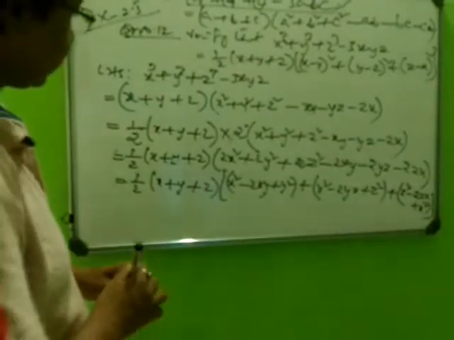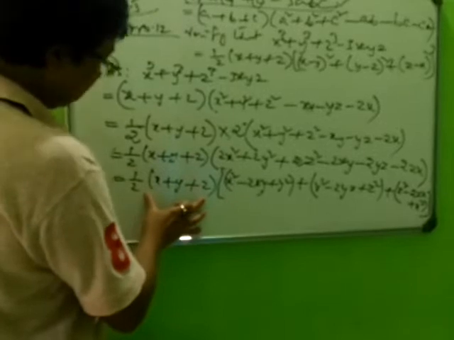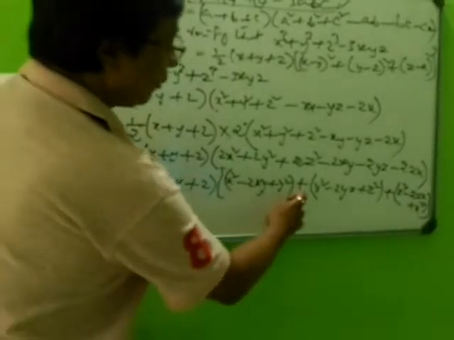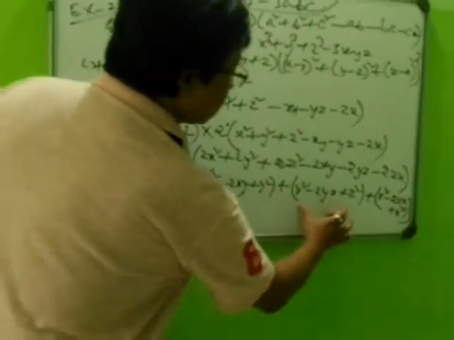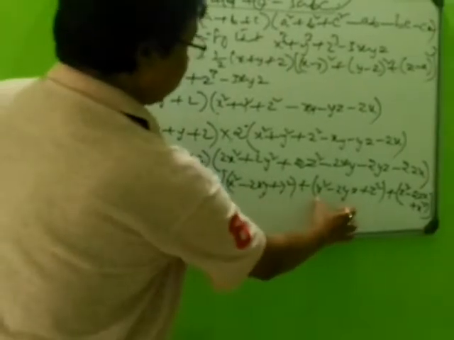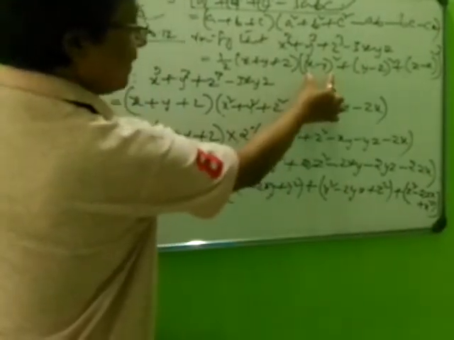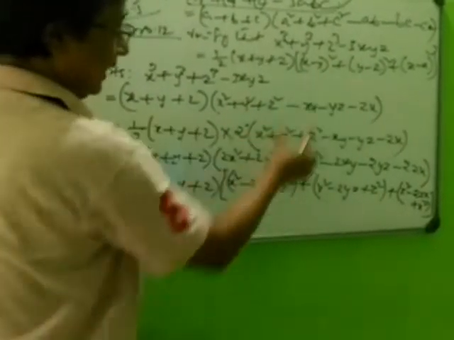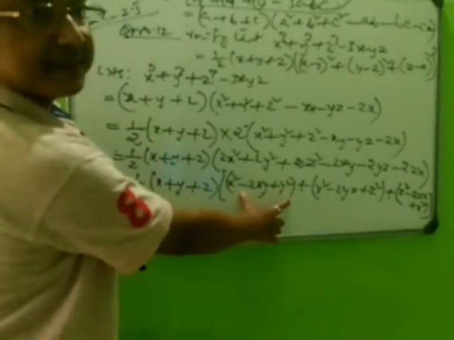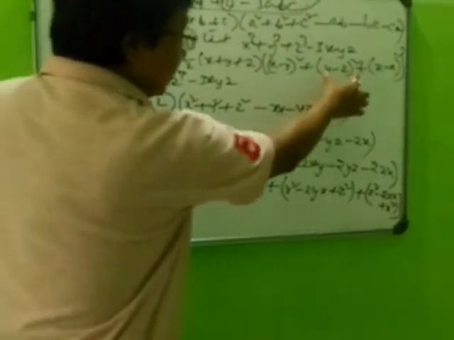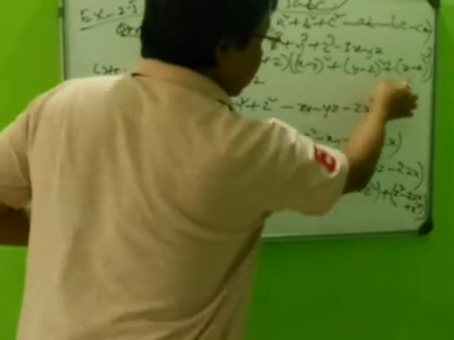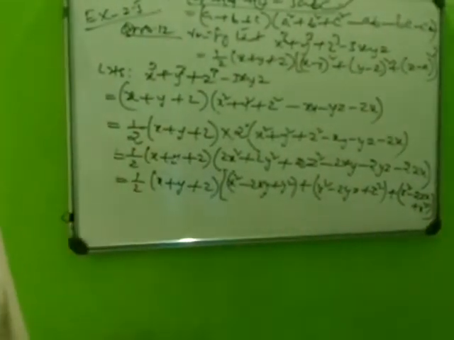So complete it. Now you see, let us add. All these parts are separated by plus sign. So you have expanded x minus y whole square, y minus z whole square and then z minus x whole square using a minus b whole square.